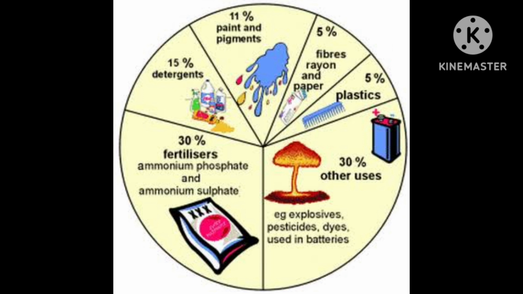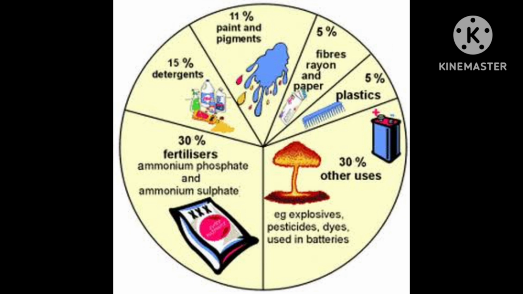Both are oxidizing agents. If you compare all three, phosphoric acid, nitric acid and sulfuric acid, then sulfuric acid comes in the middle, intermediate between phosphoric and nitric acid.